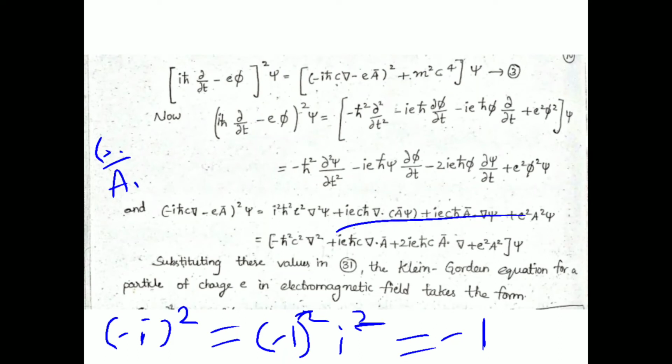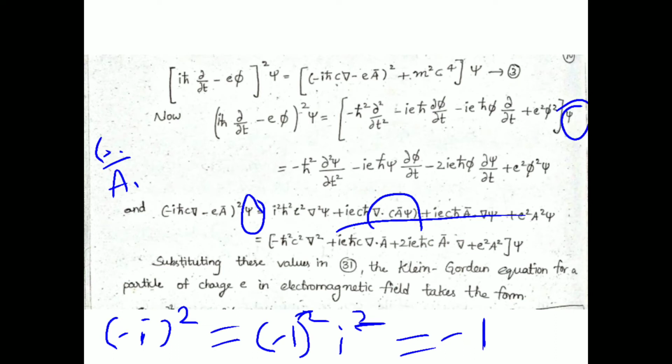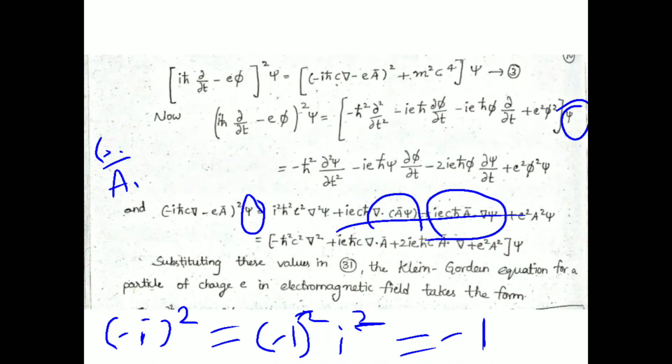Hence we are having del dot a xi here by taking xi inside. After doing the dot product we would take xi. Only after doing the product we need to take xi, just as we have taken here. So here also b dot a, that is ea dot del xi.